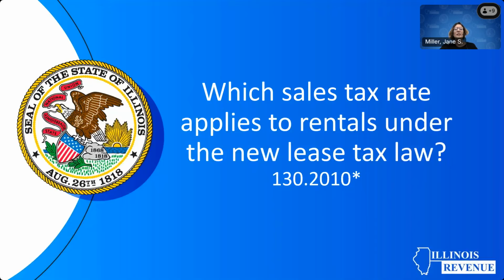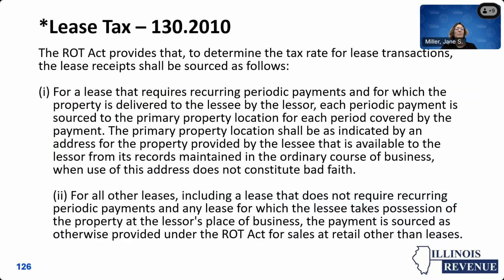Okay. Which sales tax rate applies to rentals under the new lease law? We have Administrative Code 130.2010 to look this up. The Retailers' Occupation Tax provides that to determine the tax rate for lease transactions, the lease receipts shall be sourced as follows.